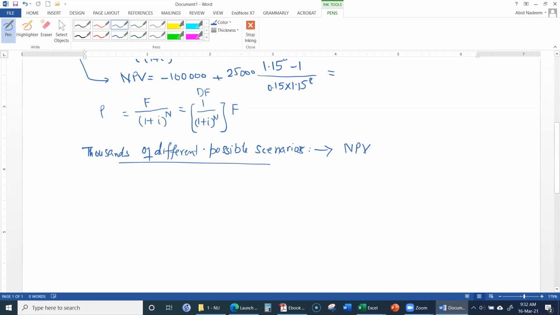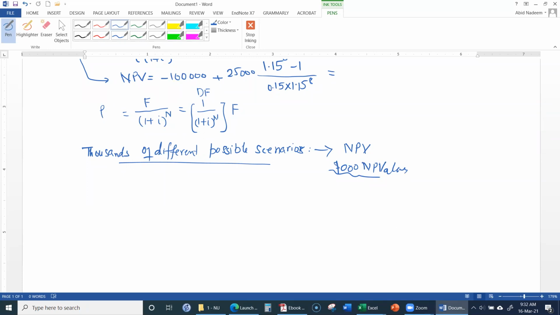If we take 1,000 different scenarios, we will have about 1,000 net present values. So what will be the average of these 1,000 net present values, and how many times out of these 1,000 was the net present value negative, and how many times was it positive?